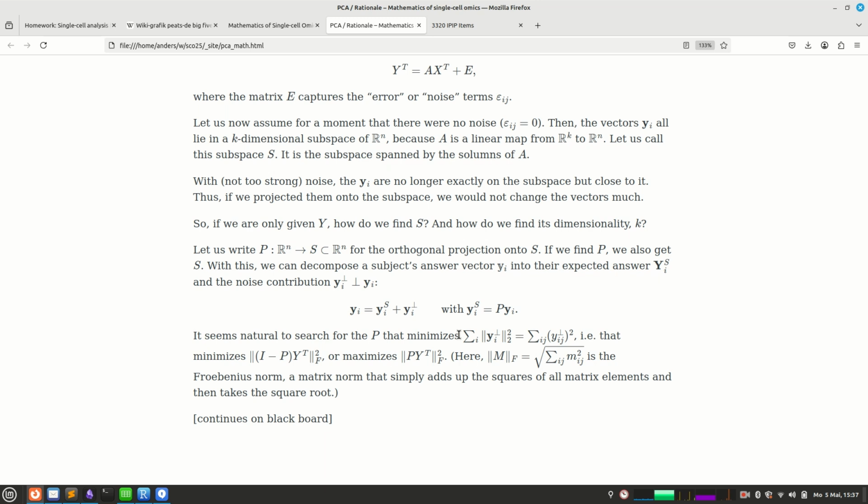Now we want to reduce this matrix to a k-dimensional subspace such that our information loss is minimal.